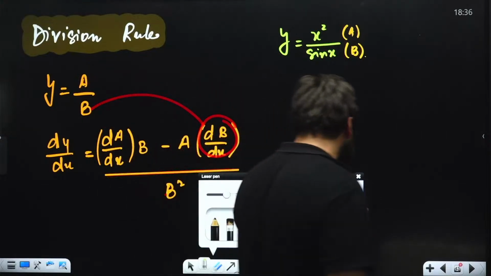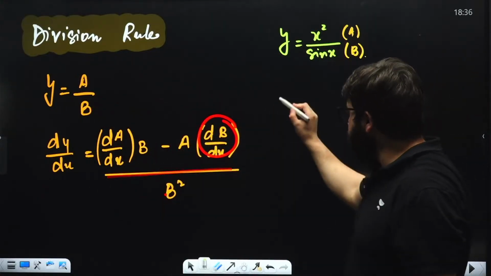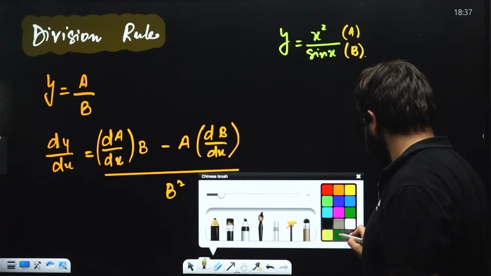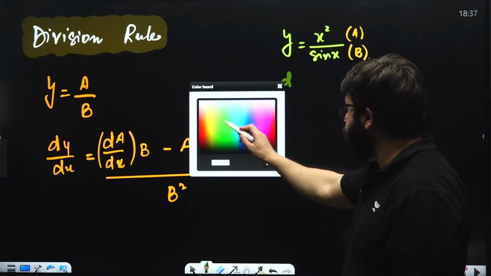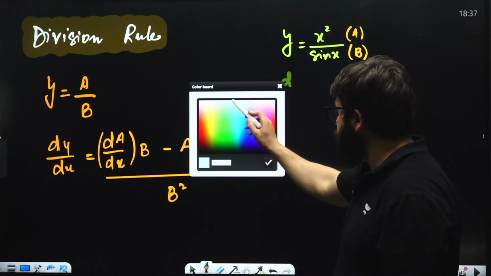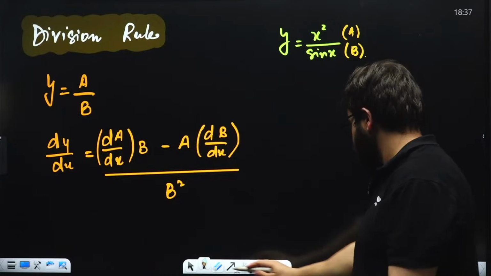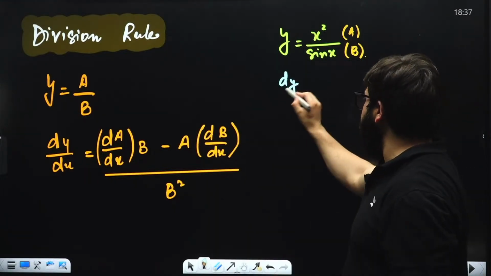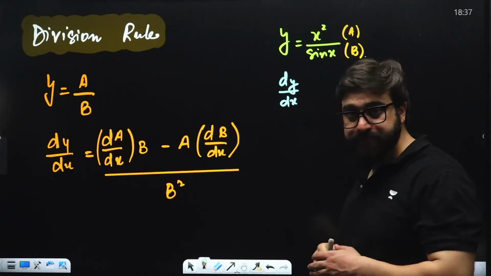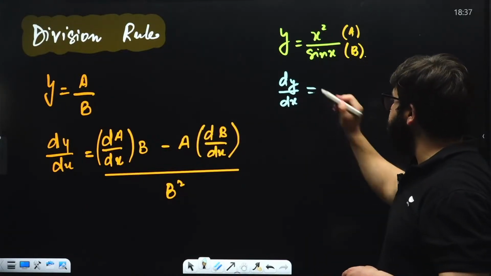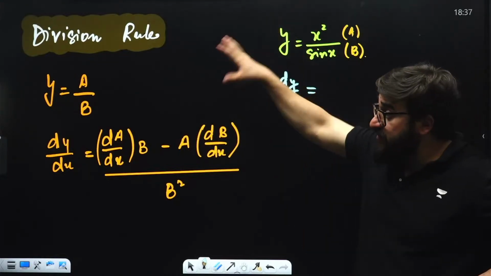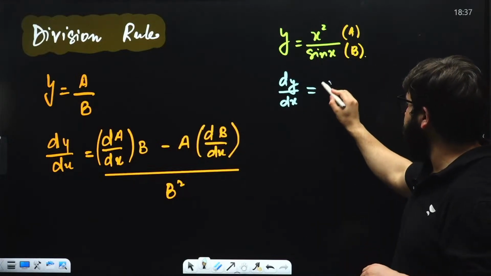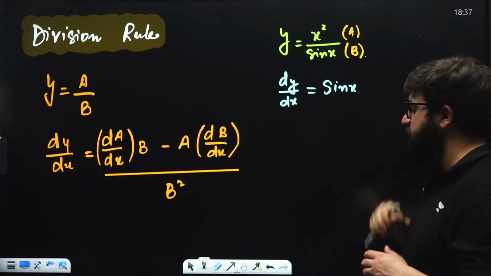Let me show you over here with the example. So in this particular case, if we have to find dy divided by dx, we have to use the division formula. What does that say? Keep B as it is. What is B over here? Sine x. So keep sine x as it is.